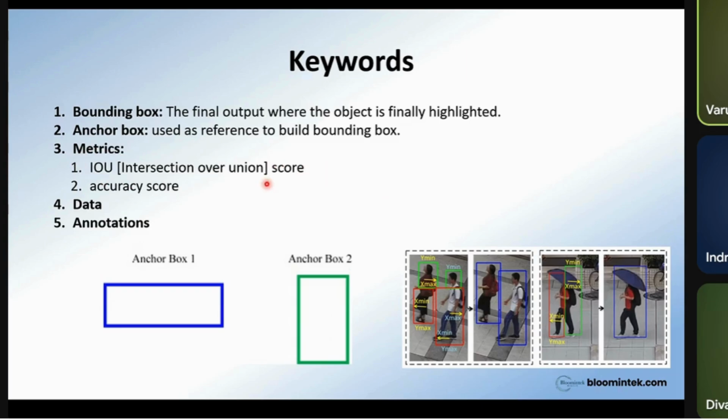So the greater the IOU score, the better our model's performance is. Now, accuracy is straightforward. Accuracy is just how accurately our model predicts the object in the box and how accurately that box is positioned. So, coming to the data, what kind of data is required by an object detection model for its training, and annotation? What are annotations? I'll be discussing these two in detail in the further slides.